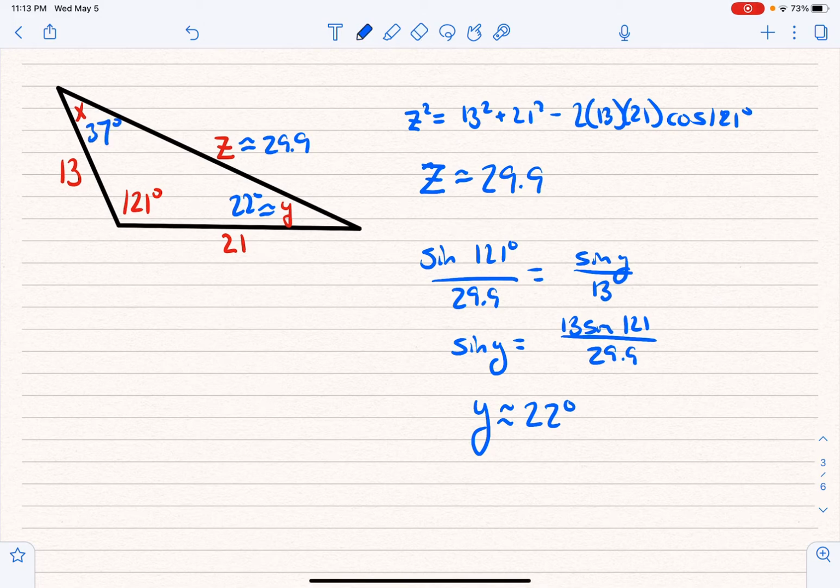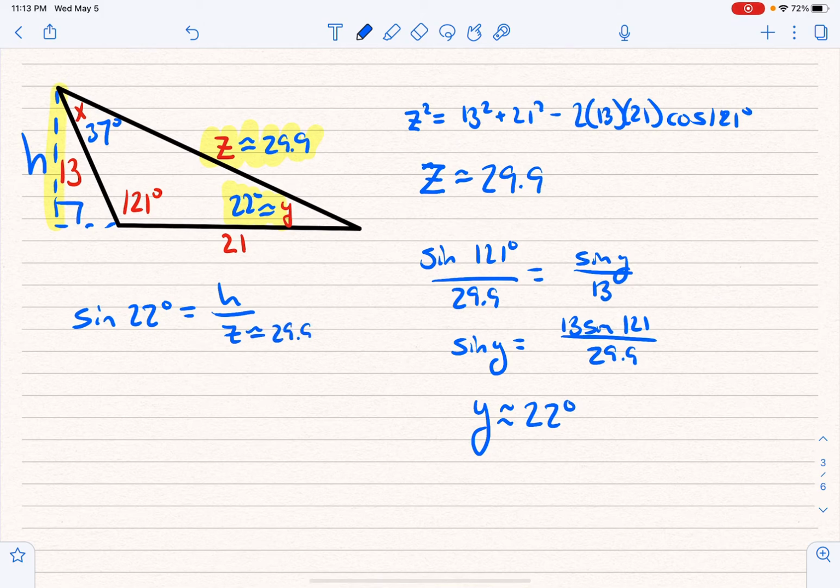Okay, now we've got to think area again. I'm going to draw this part down, and that would create this right triangle. This part right here would be the height, still based off of this angle, and this is the hypotenuse. So the sine of 22 degrees is equal to opposite, which is the height, over hypotenuse, which is z, about 29.9.